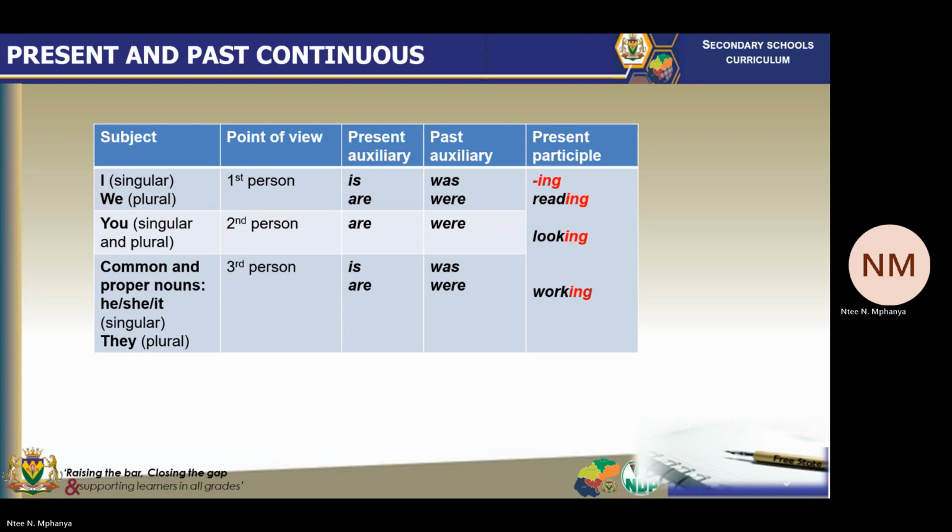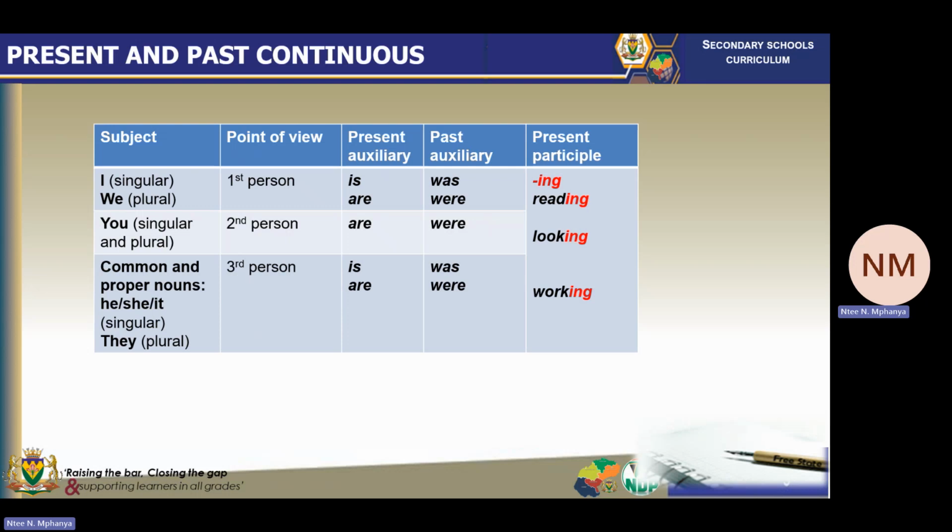In order for a sentence to be complete in present and past continuous tense, it must have all of these parts. For example, for a first person point of view, we have I and we, I in singular and we in plural, and the present auxiliary verb for a first person point of view, for singular is, and then for plural we have are. While in past tense, the past auxiliary verb for the continuous tense is was for singular and were for plural.